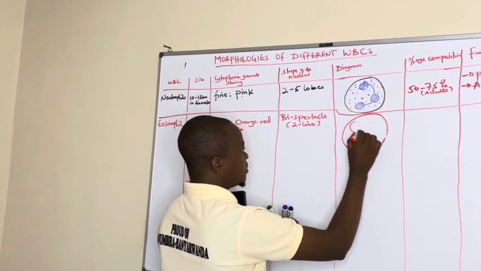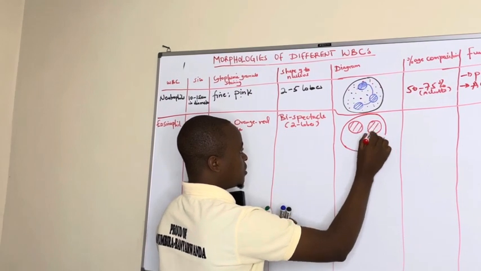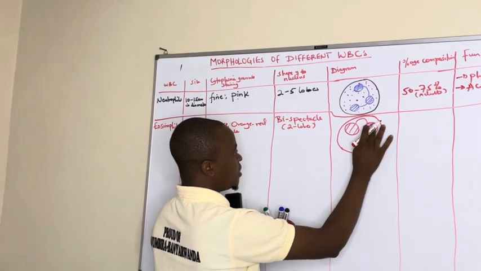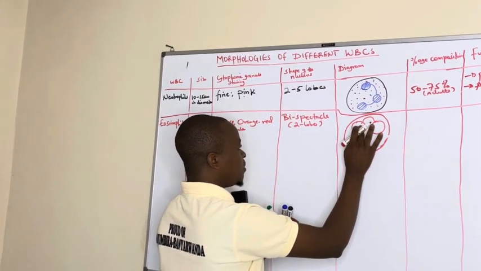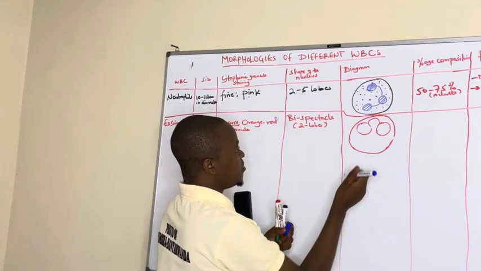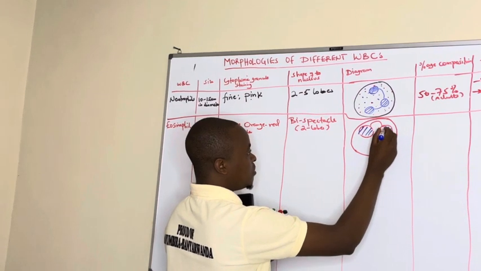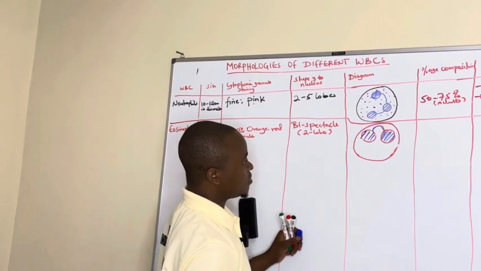And it has a bispectacle shaped nucleus, and the nucleus always stains purple because it contains the nuclear material which takes up the methylene blue. So we are seeing it stains purple with a clumped nuclear pattern, but joined together by a thin chromatin thread.